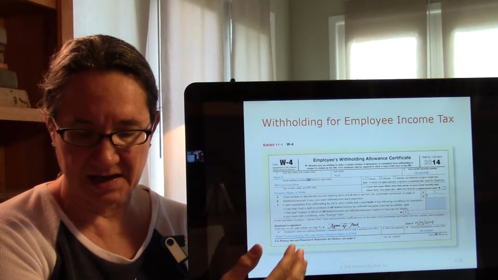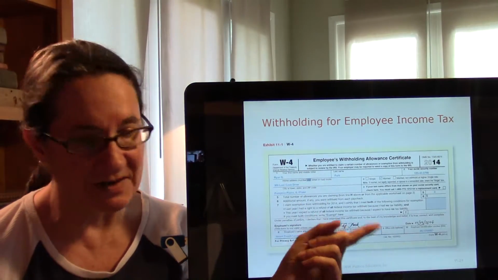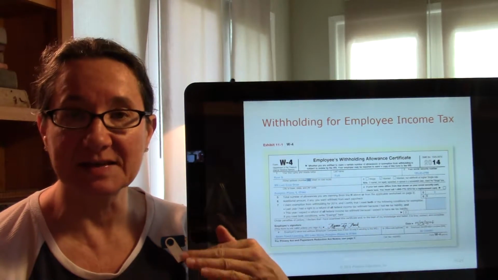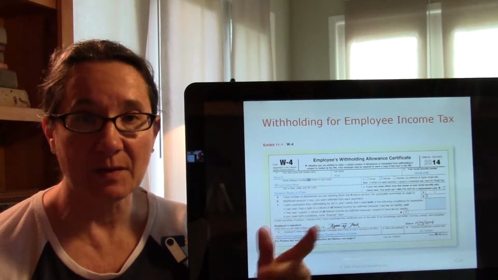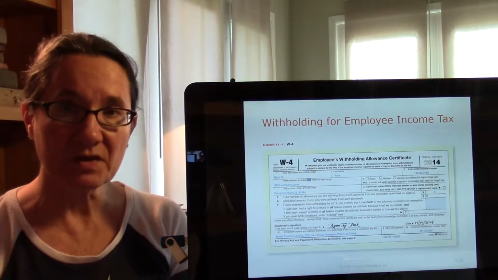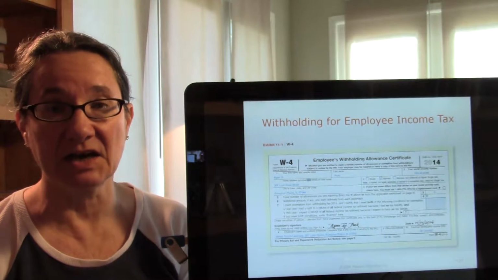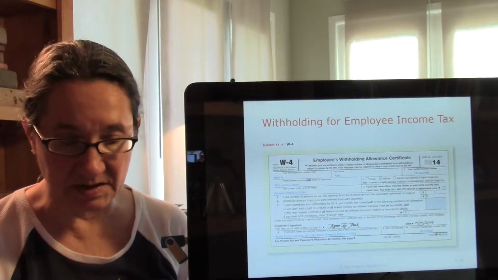But this person is married with 3 allowances, so they're going to have a different withholding from somebody who makes the exact same salary but who's not married or who doesn't have any allowances. So withholding depends on different things, and we're not going to worry about actually calculating the amount, but I would just tell you, here's the amount.